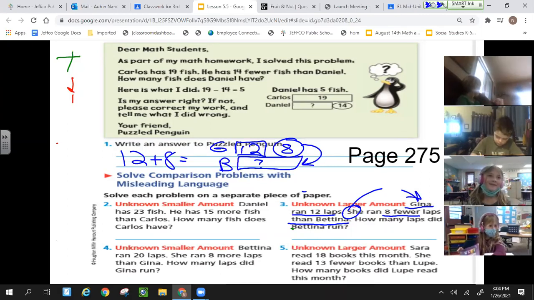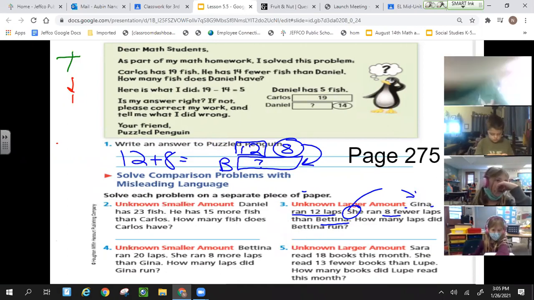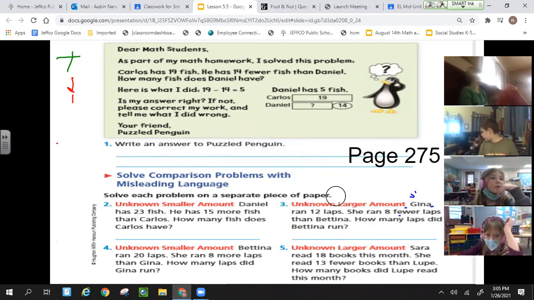Now you are going to do numbers 4 and 5 with a partner. My advice is, before you solve it, freeze. Figure out who has the most. Look back at the text. Put that number, or the question mark, in the big bar.